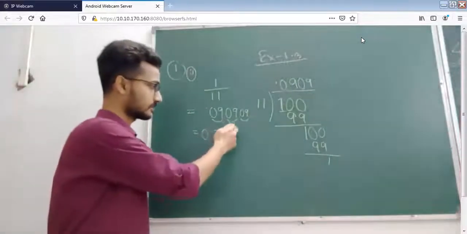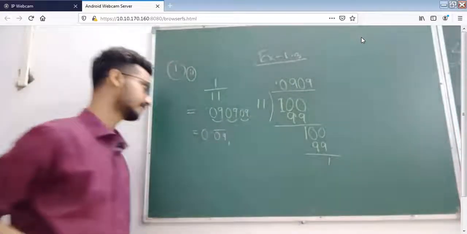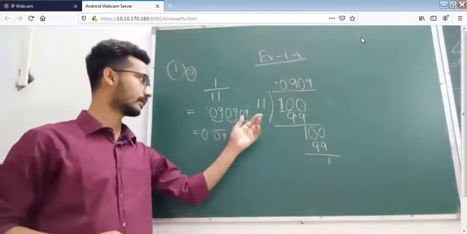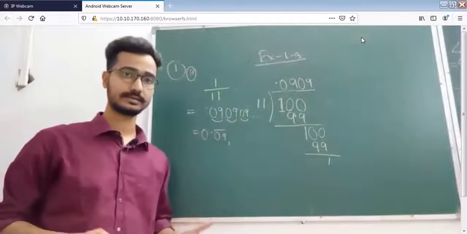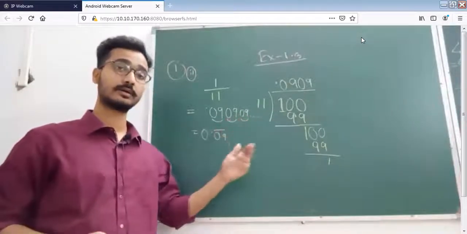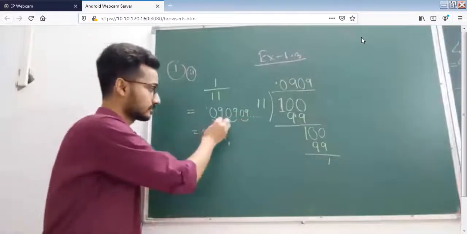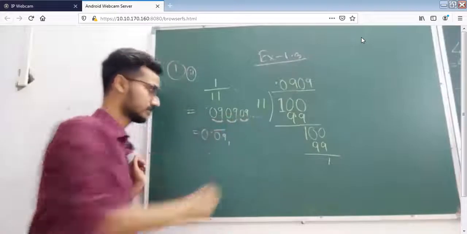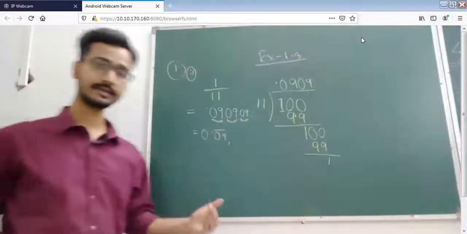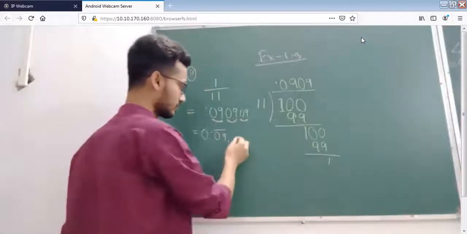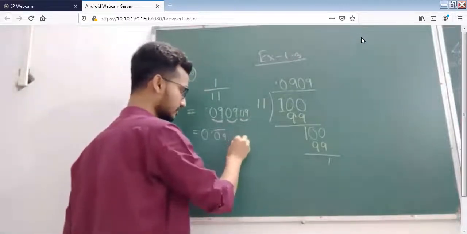So what type of decimal is it? It is non-terminating. We can't say at what point it will end. That's why it is non-terminating. And the same number is repeating: 09, 09, 09. So it is a non-terminating recurring decimal expansion.